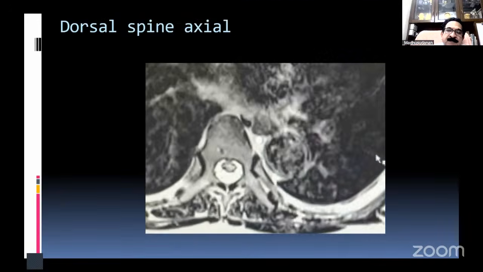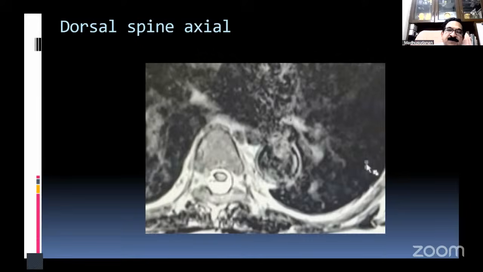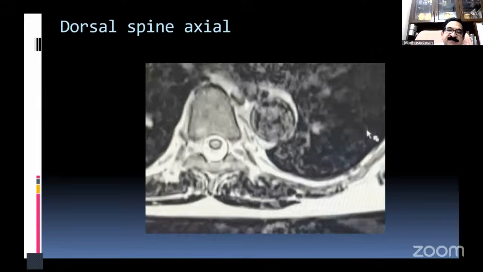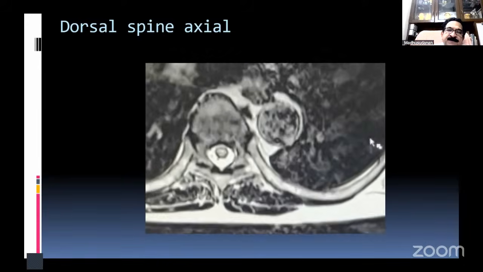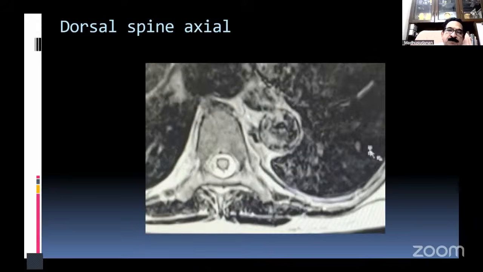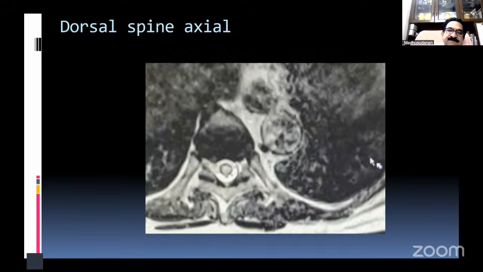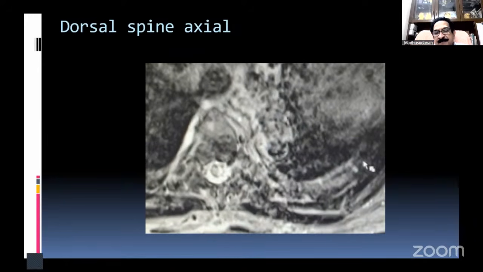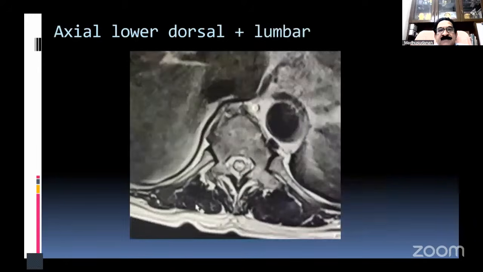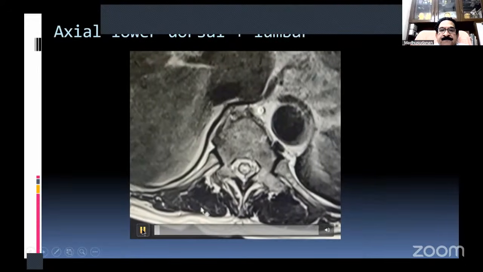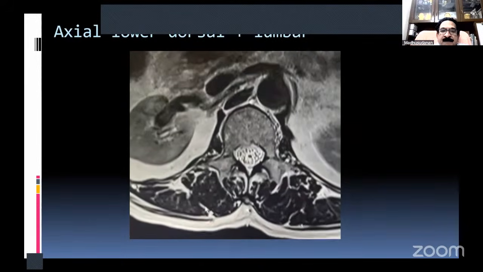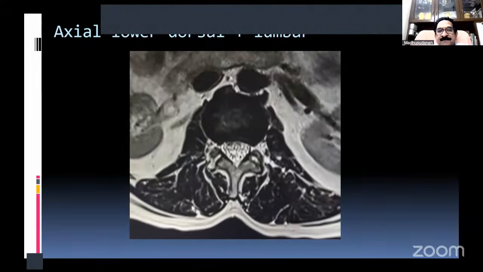You can see a long segment T2 hyperintensity within the cord, up to the epiconus and conus region. The epiconus and conus are less affected, mainly the lower dorsal epiconus region. This is another, the lower dorsal and lumbar. Lumbar cord, nothing very important.